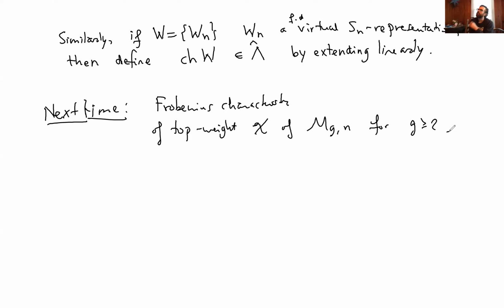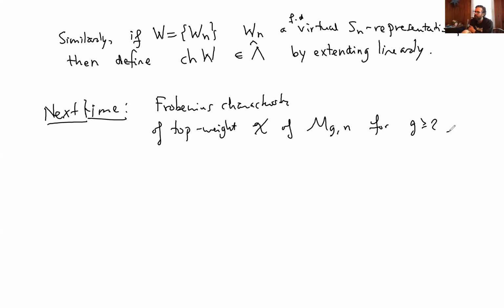The ring of symmetric functions, the way I defined it, hopefully I did it carefully enough, elements are sort of power series in infinitely many variables that are symmetric upon permuting the variables and have bounded degree. Lambda hat just drops that. So if you have infinitely many representations, you just want to pass to lambda hat to encode everything. But ch of W is, again, exactly the data of W, nothing more, nothing less.